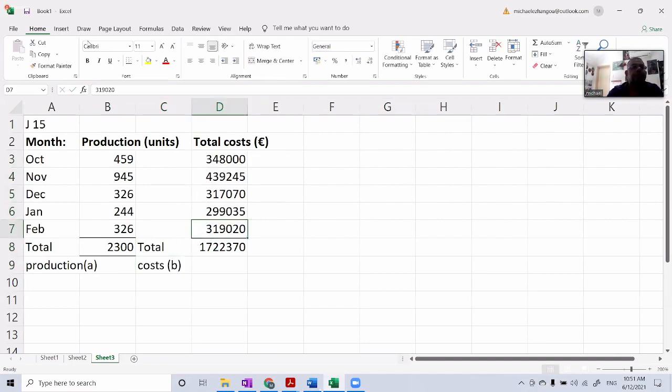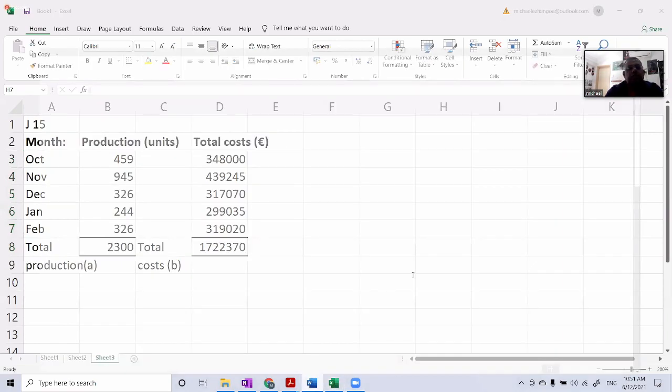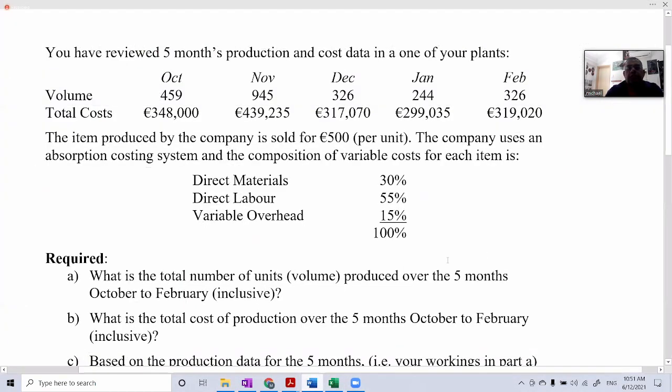You've done part A and B, but it seems very simple. Not sure why he's asking that. It's the total cost of production over the 5 months.